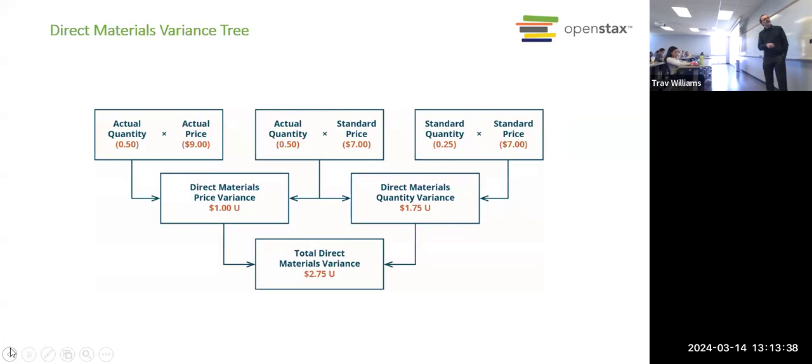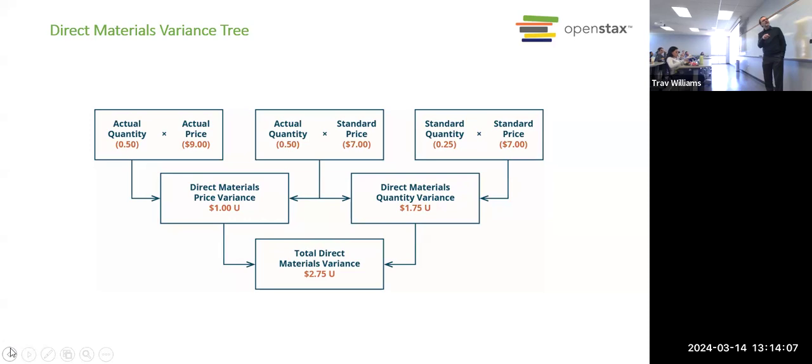And then we see the relationship here. So if we wanted to calculate the direct materials price variance, where on the screen here do we see our formula for that, for the price variance? Exactly.